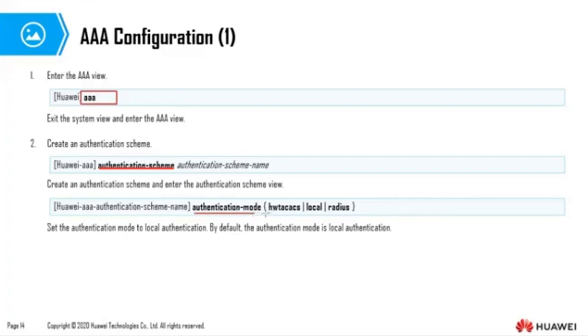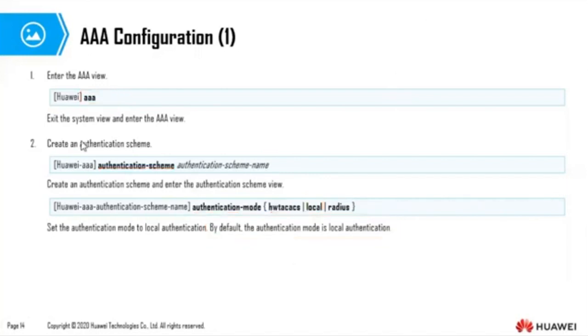When you're using remote, you can either use the Huawei protocol or the Radius protocol. Otherwise, if you want authentication to be done on this device, then you can choose the local option. By default, the authentication mode is what?